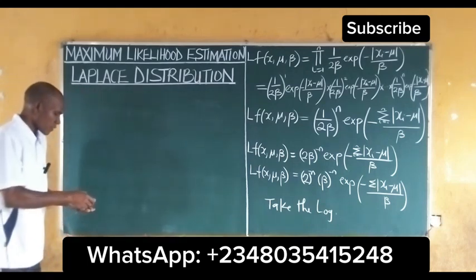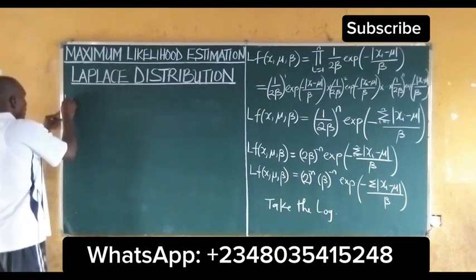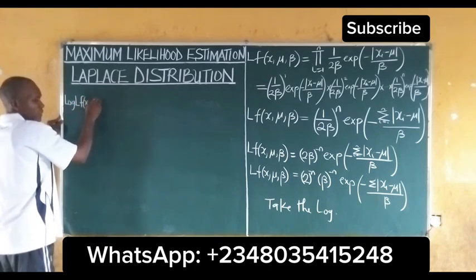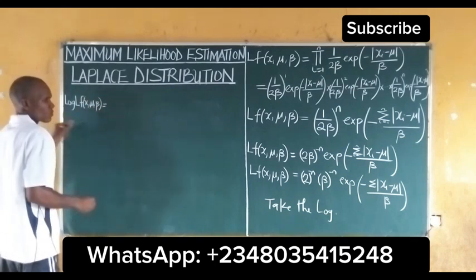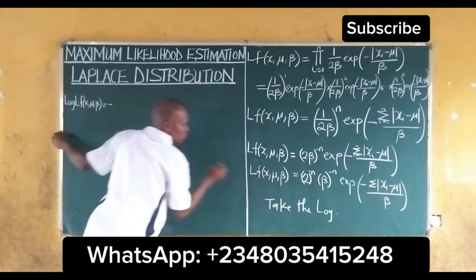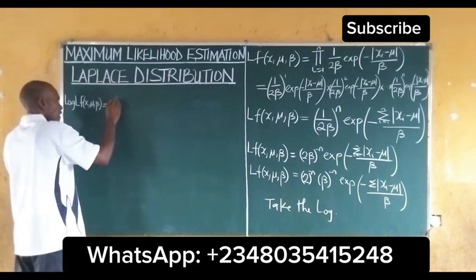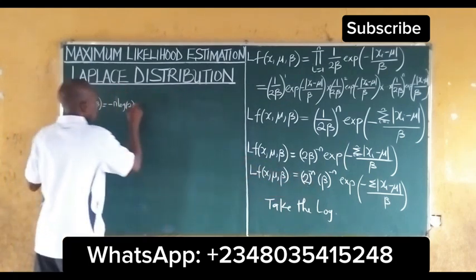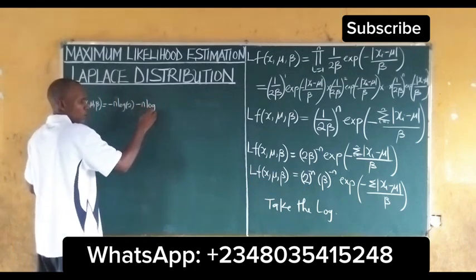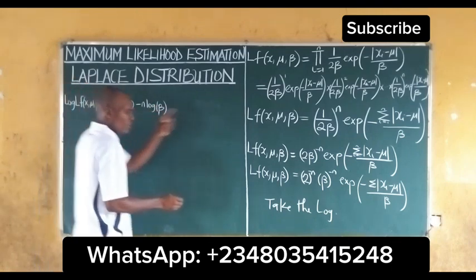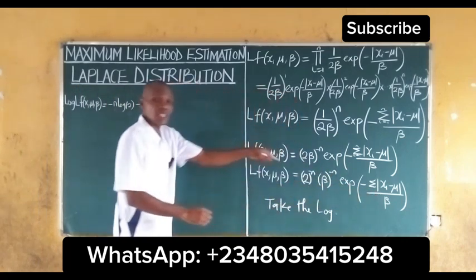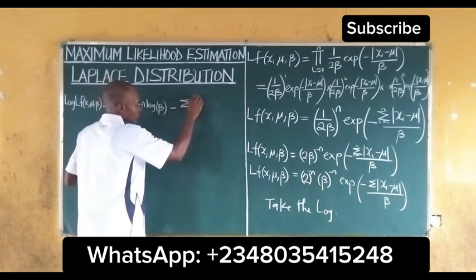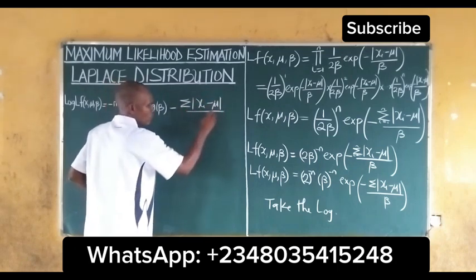Taking the log, we write the log of the likelihood function of the Laplace distribution as equal to negative n log 2, negative n log beta, and, since the log of an exponential function gives that same function, negative summation of xi minus mu all over beta.